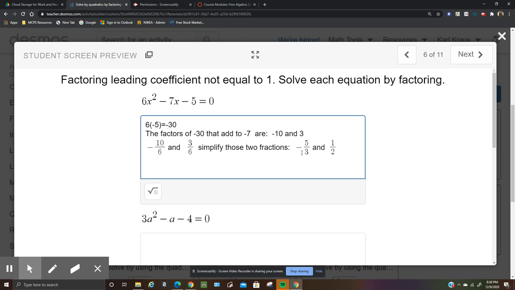Then I want to change these two things into factors.